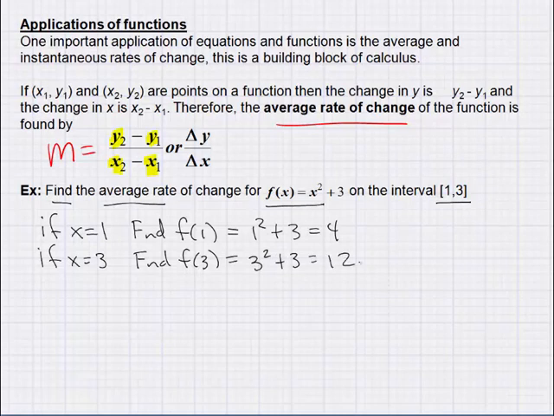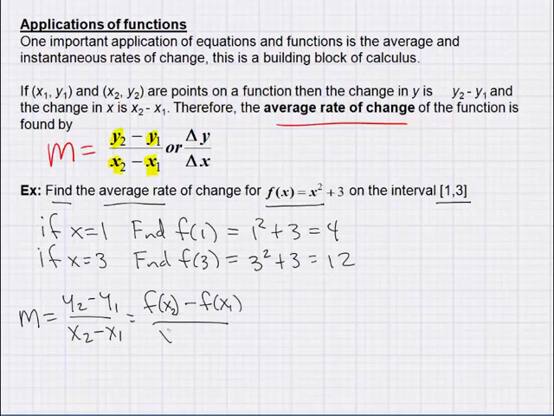So if I want to find the average rate of change, or the slope, I should do y2 minus y1 over x2 minus x1. I could also write this as f of x2 minus f of x1 over x2 minus x1. In that case, I'm going to get 12 minus 4 over 3 minus 1.